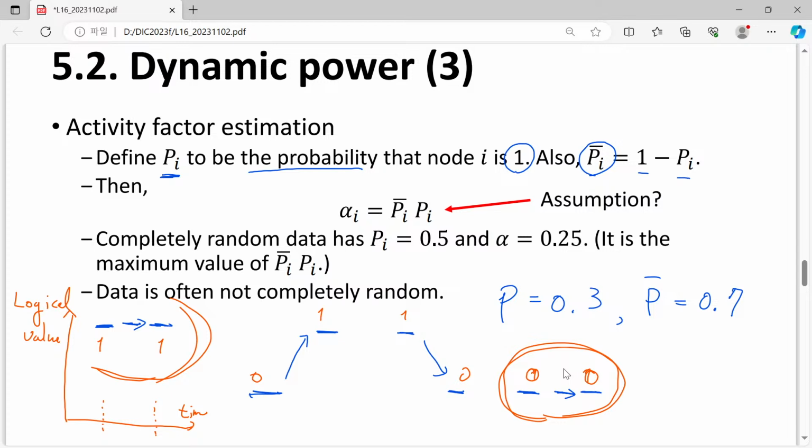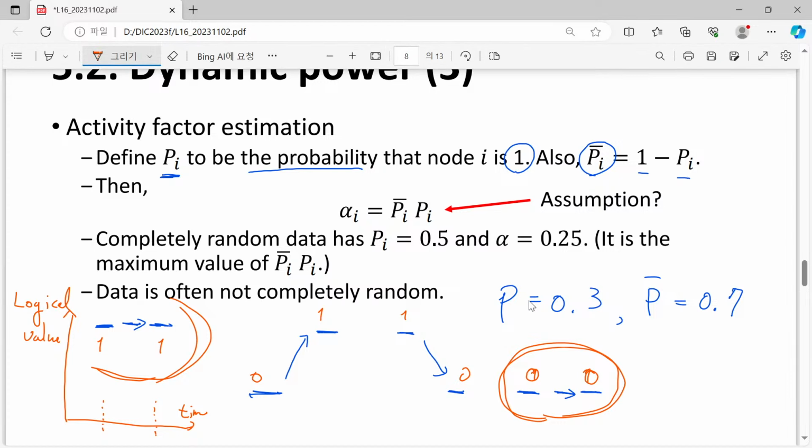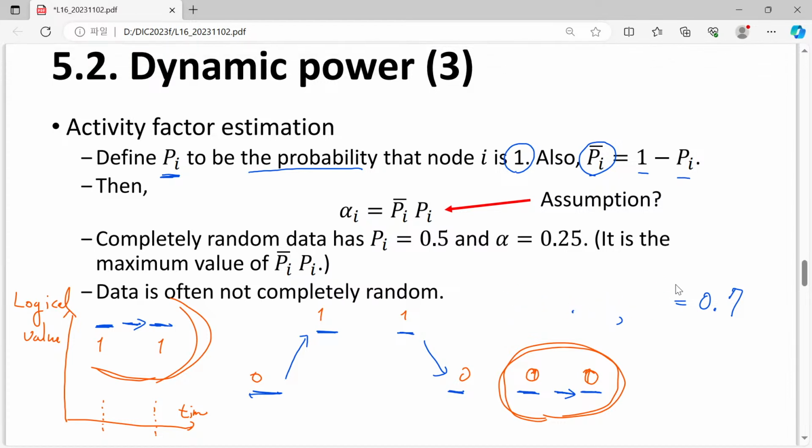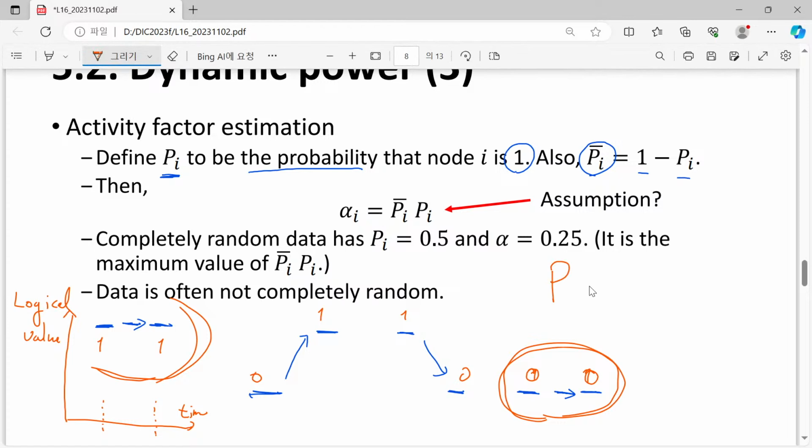So what we have to calculate is the probability for a certain value, so we have to consider the probability from 0 to 1 or 1 to 0, and this is corresponding to p bar, and this is corresponding to p, and this is corresponding to p, and this is corresponding to p bar.